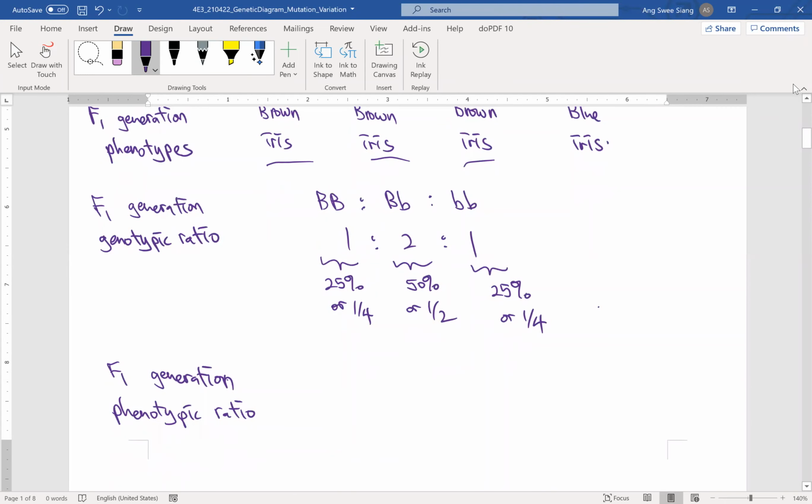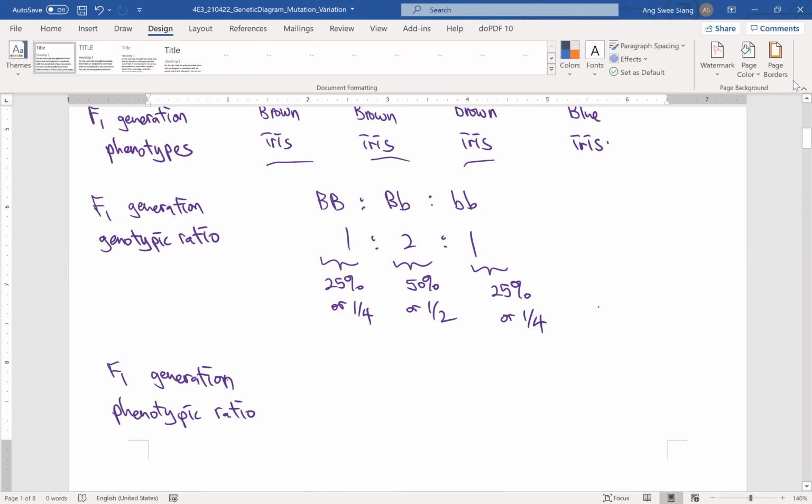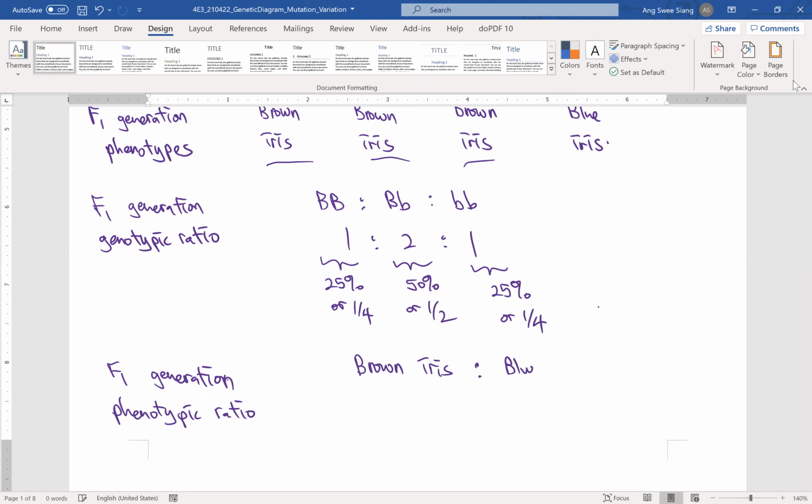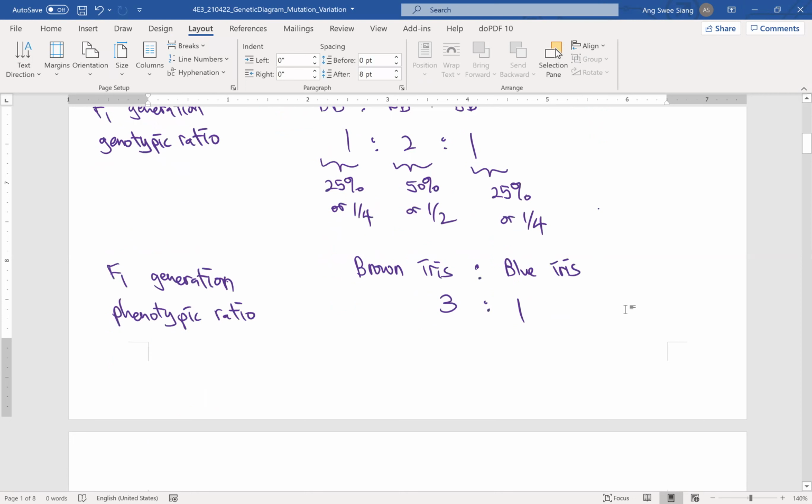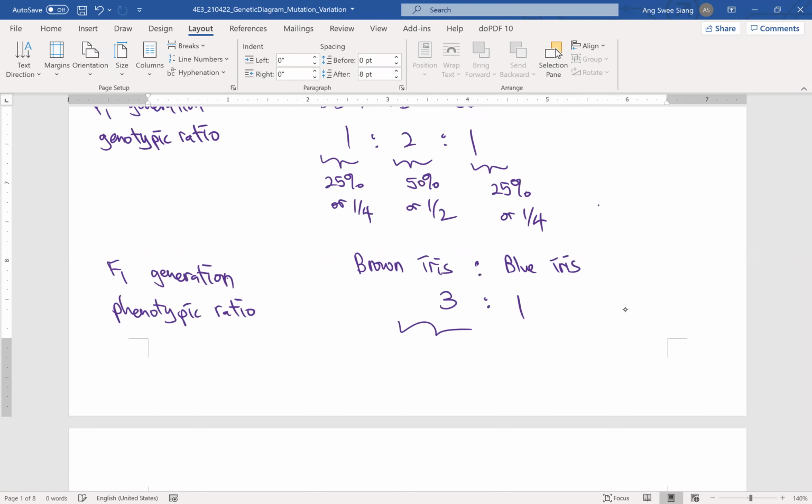So the ratio is 3:1, brown iris is to blue iris. So 3:1 means that 3/4 of the offspring or 75% of the offspring have brown iris. Then 1/4 or 25% will be blue iris.